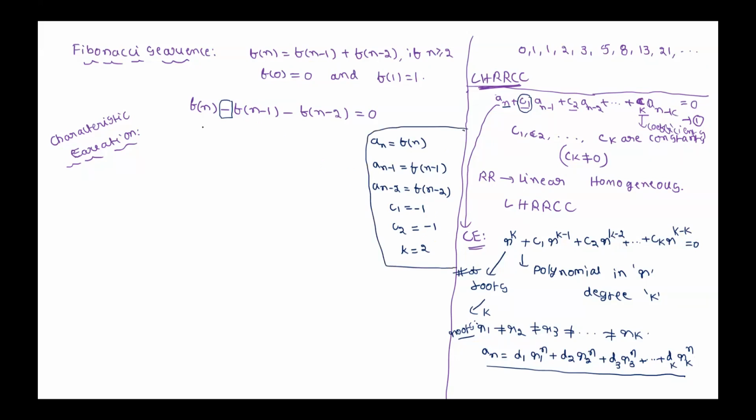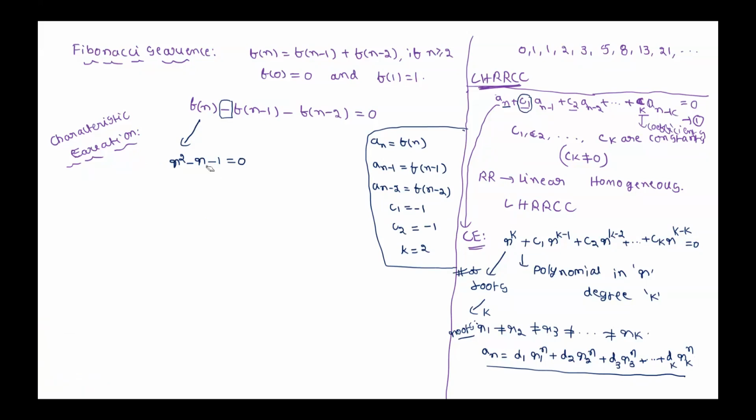Now tell me, what is the characteristic equation corresponding to this? r square minus r minus 1 equals 0. Is that correct?